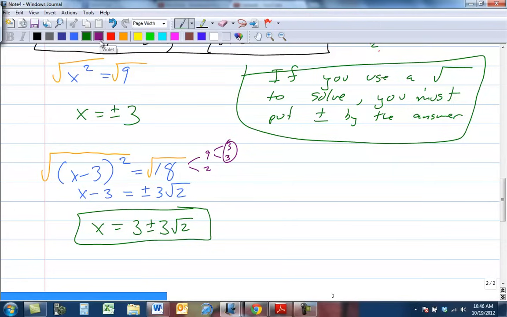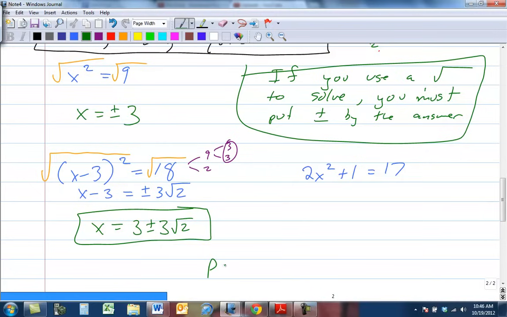One more for you. The last one, we'll do 2x squared plus 1 equals 17. So, first thing you would do, remember, solving is the order of operations backwards.